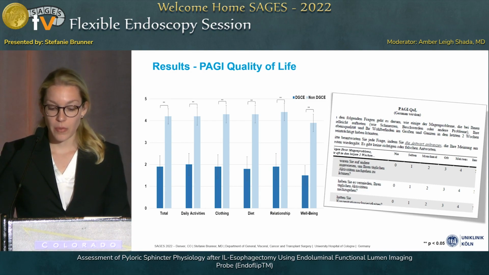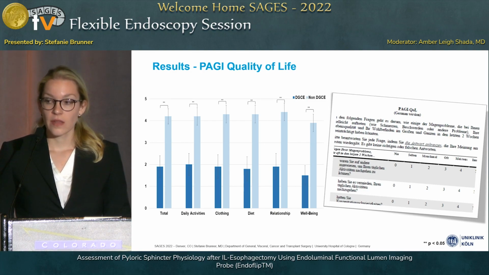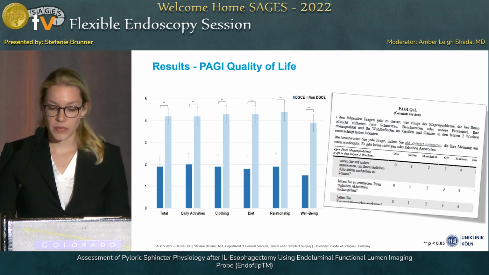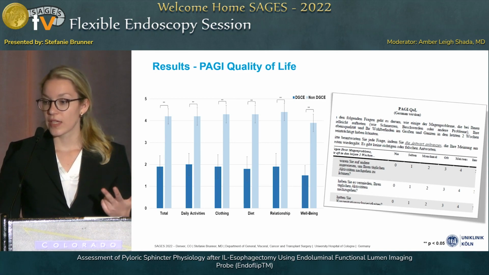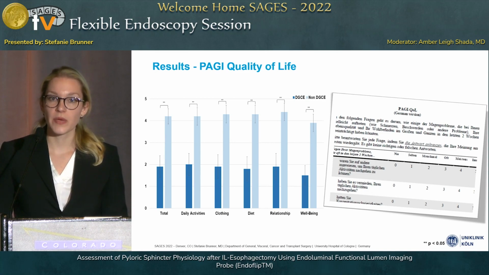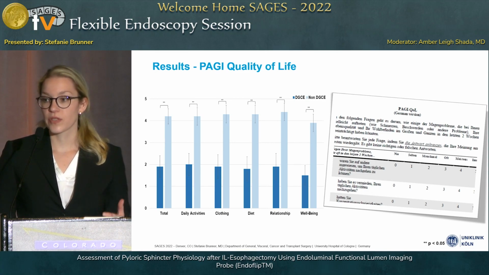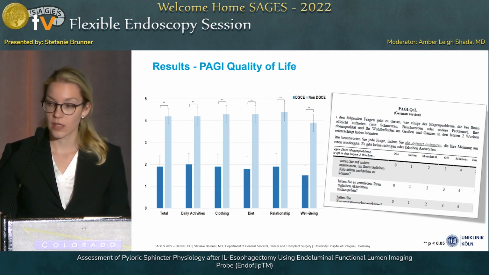We used the PAGI quality of life score. This score contains 30 items like daily activities, clothing, relationships, and diet. As you can see, patients who have not suffered from DGCE have a significantly higher quality of life.